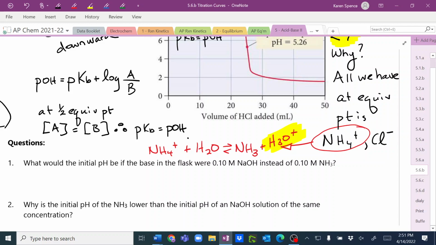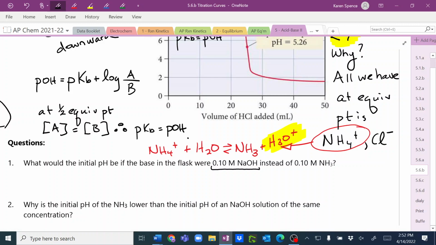The initial pH. I'm messing with you a little bit here, because initially, what do we have in our flask? 0.1 molar NaOH.